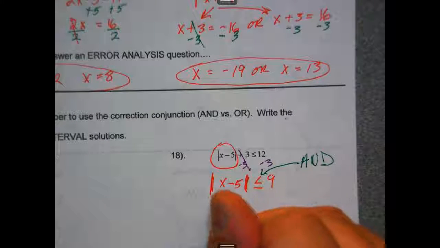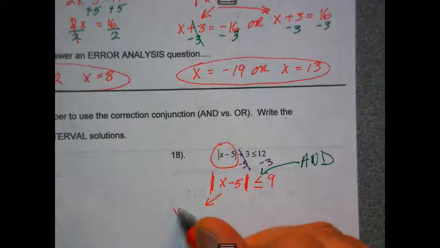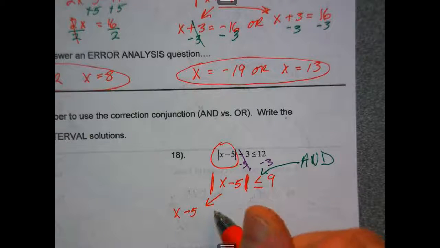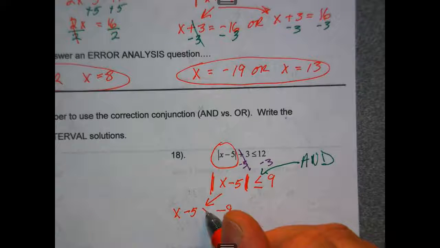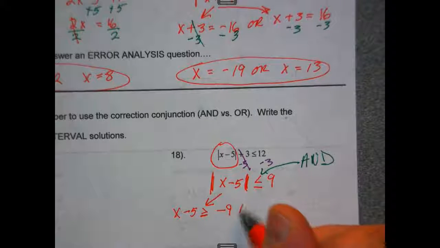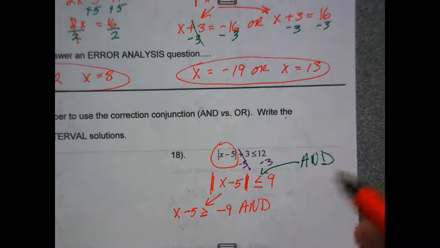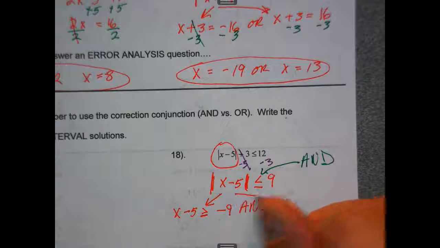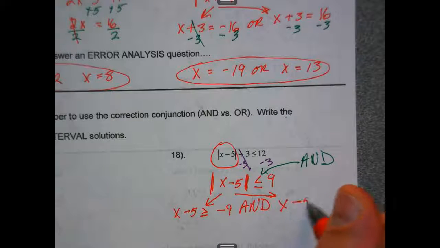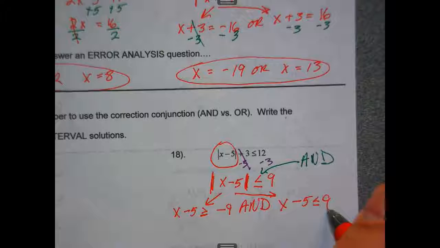Okay, so I like to keep my negatives on the left. So I got x minus 5, negative 9. Since I'm multiplying by negative 1, I have to flip the sign. And, please put the word and in there. X minus 5 is less than or equal to 9.